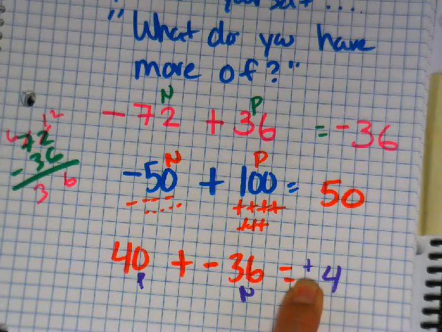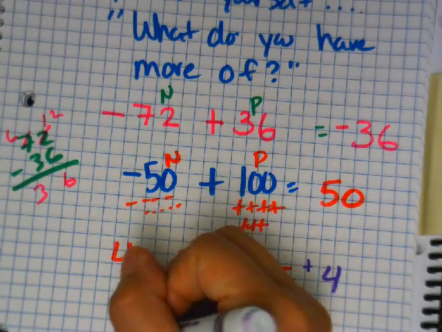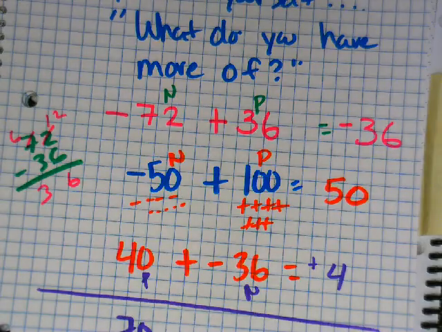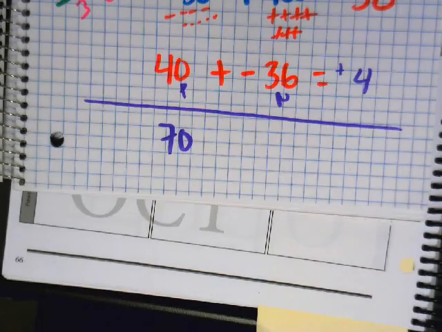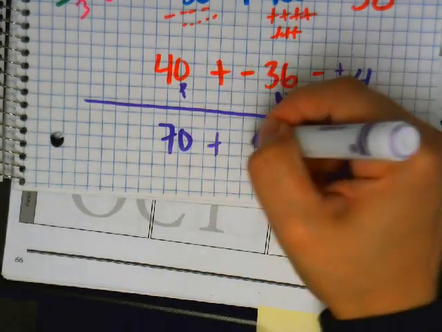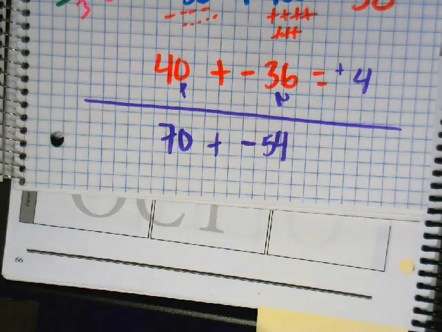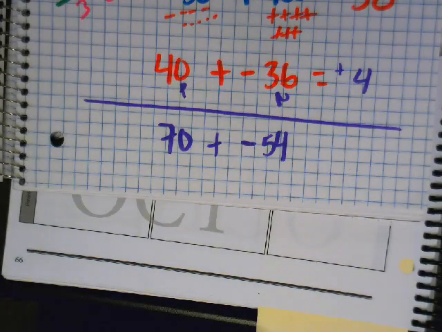Quick, Ben, give me a number. 70. Damien, give me a number. Negative 54. Okay, that's good. Ben gave you 70 and Damien gave you negative 54.